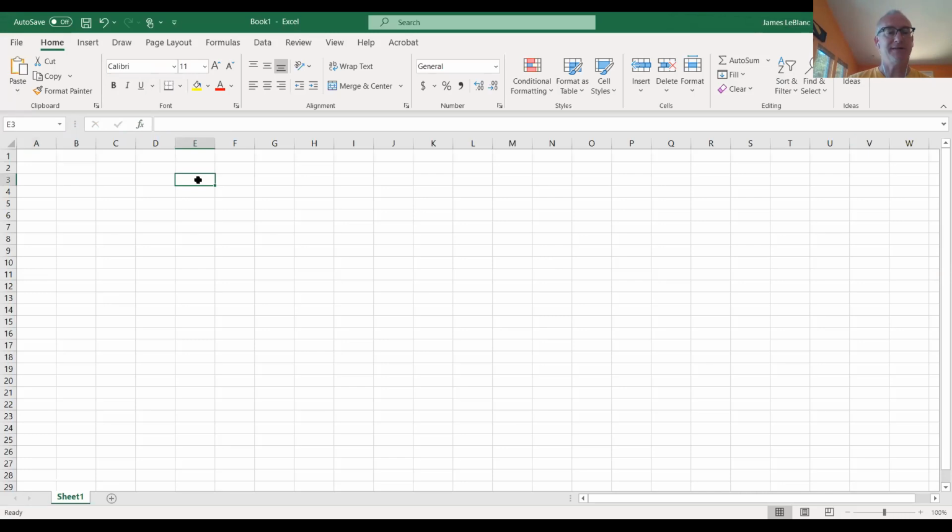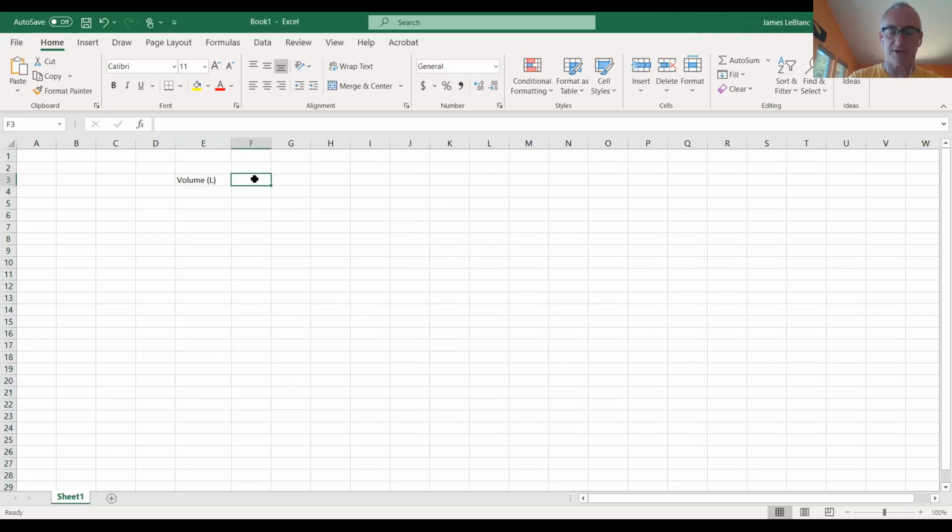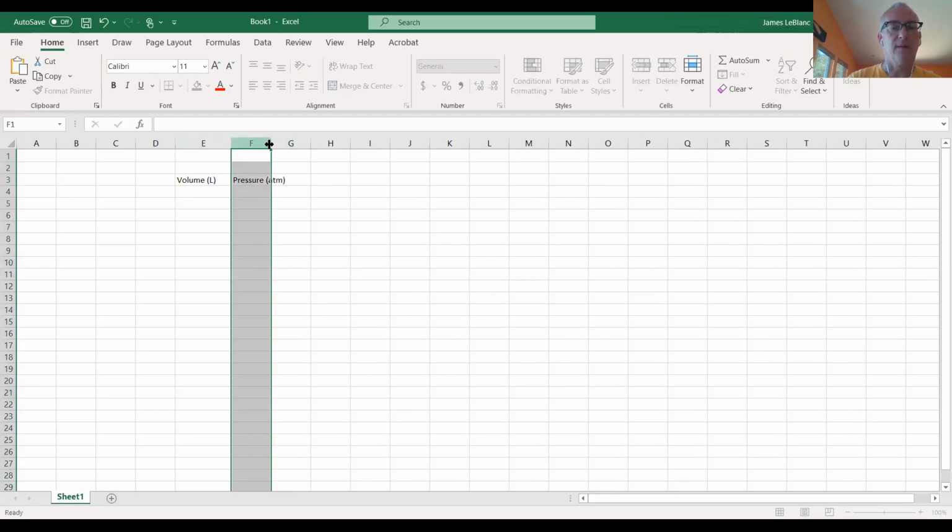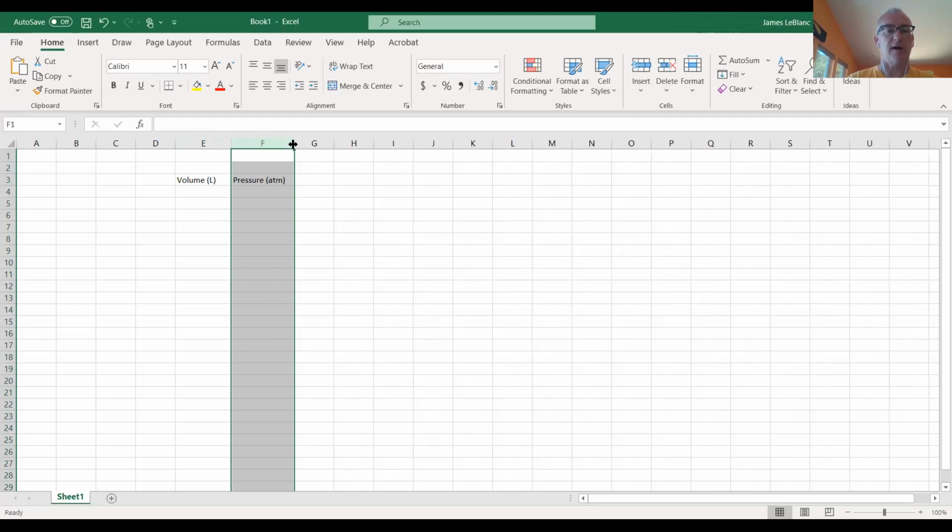So what I'm going to do is put in my two bits of data here. I'm going to have volume in liters. And then next to it, I'm going to have pressure, and that's going to be in atmospheres. All right. And just to be fancy, I'm going to underline them.